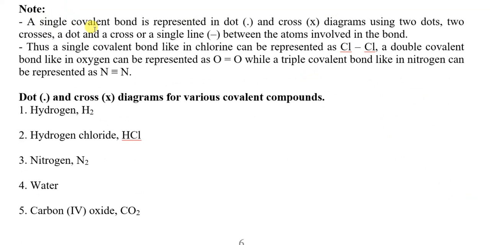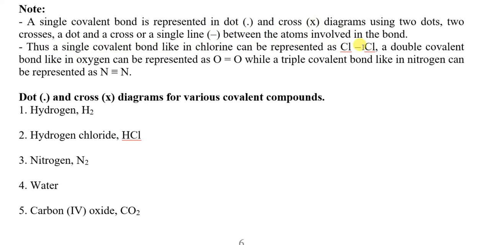So when you see two dots or two crosses, it means a single covalent bond.